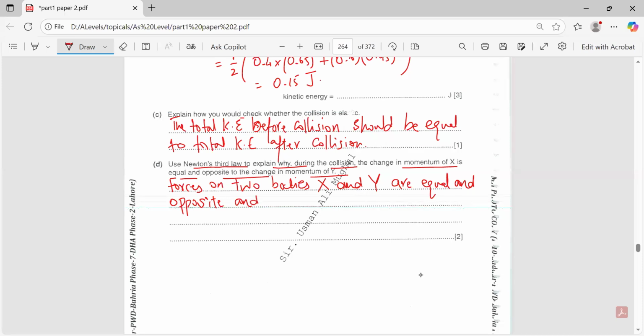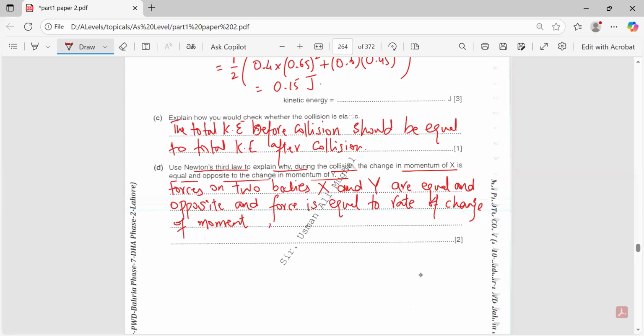And force is equal to rate of change of momentum.